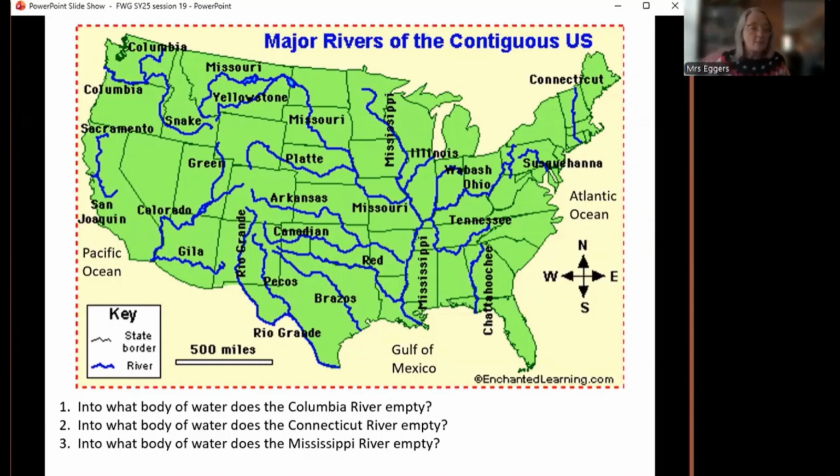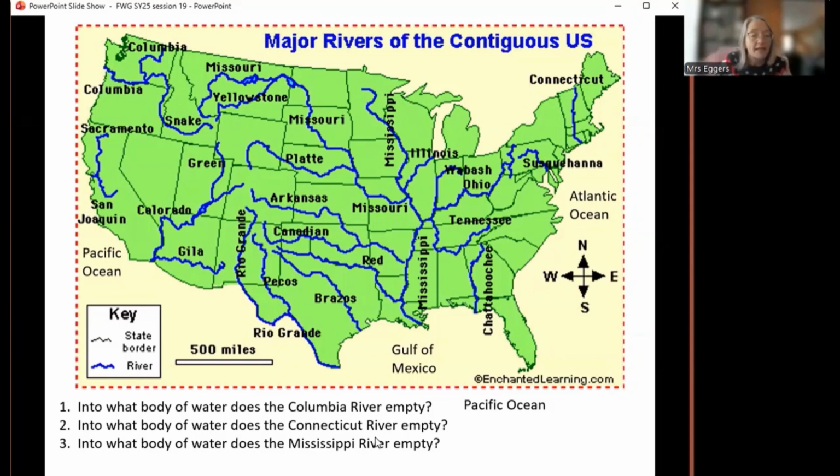Oh, and I had to type these in because they weren't on the map, so I added this. The Pacific, the Gulf of Mexico, or the Atlantic. And so the answer for the first one is the Pacific. So this is the Pacific Ocean, right? So the Columbia empties into the Pacific.